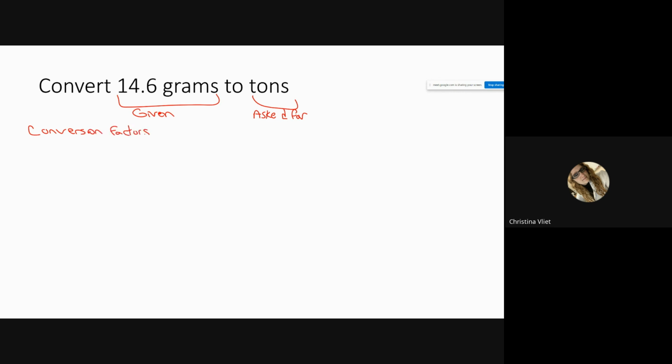Do you have to write this down in the future, like if you're taking a quiz? Do I need you to write down the conversion factors before you start the process? No. I'm writing it down because I'm showing you the train of thought. But only step 3 has to be shown. So grams to tons, where should I be looking? Volume, mass, or length?